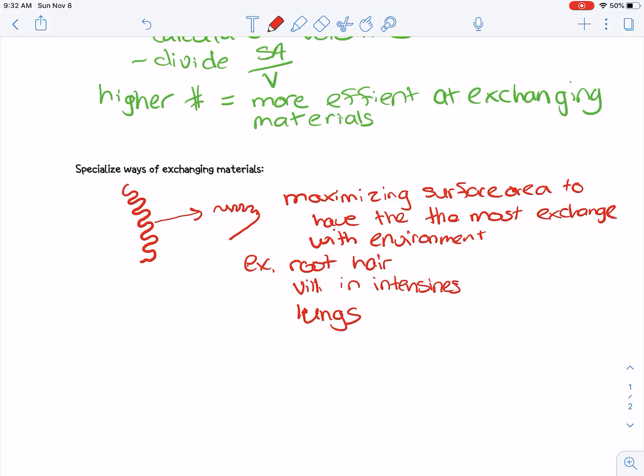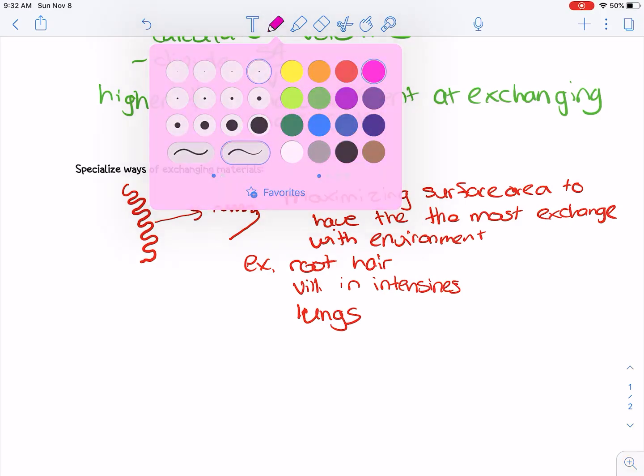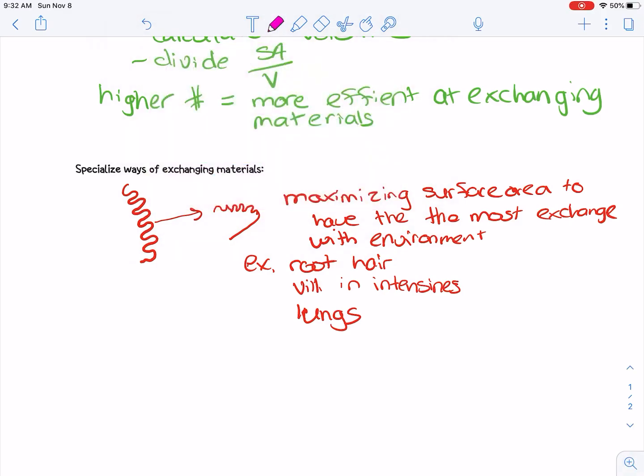Another example is red blood cells. Ironically, I'm going to get away from the red color when I do this. Red blood cells are also kind of concave. I'm terrible at drawing them, but if you were looking down on them, they're almost always depicted like this.